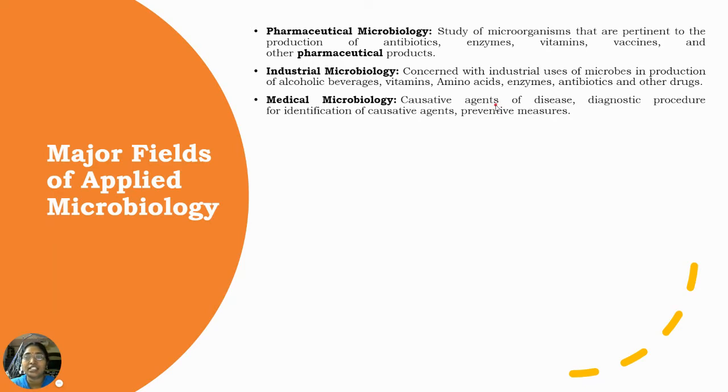So many diseases are there: typhoid, cholera, chickenpox, smallpox, tuberculosis, etc. When we are studying certain diseases, we study what the causative organism is, what the diagnostic agents are, what the preventive measures are, and what the treatment is. All these things we can study under medical microbiology.